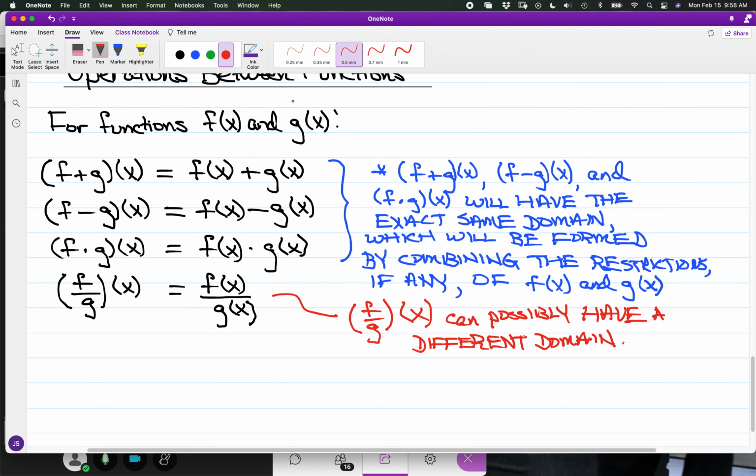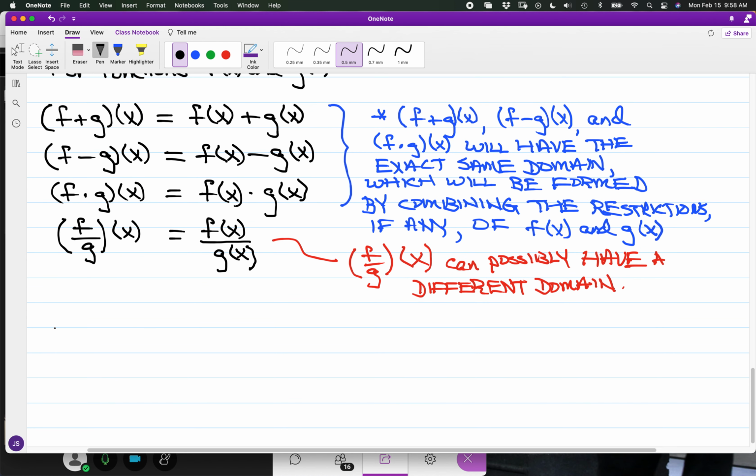And just some cases here. Let's say we're looking at determining the four operations and their domain.